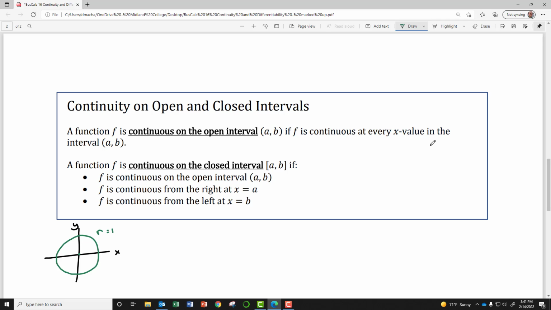It turns out the formula we could write for this circle is x squared plus y squared equals 1. Now we might solve this explicitly for y, like this: y equals the square root of 1 minus x squared.